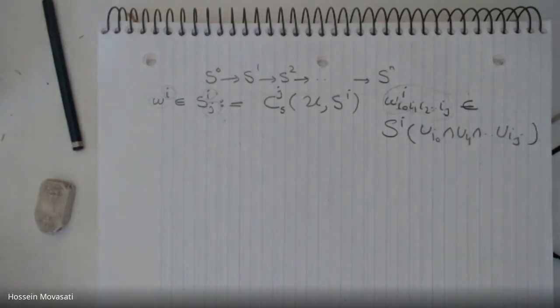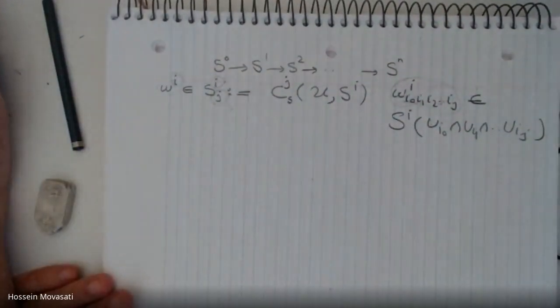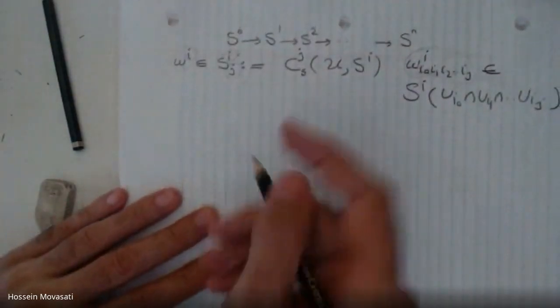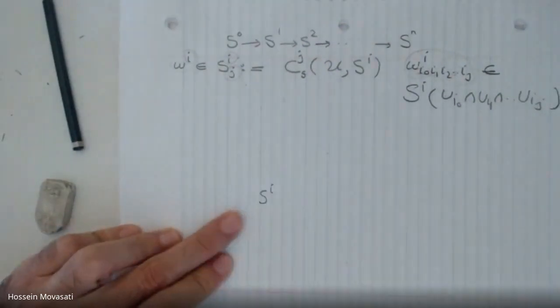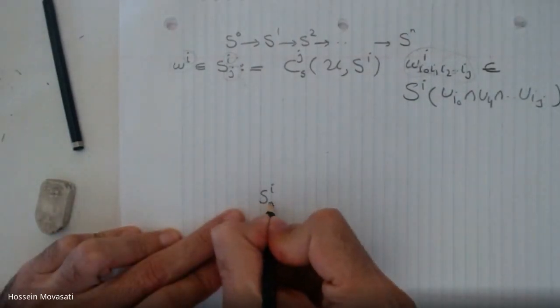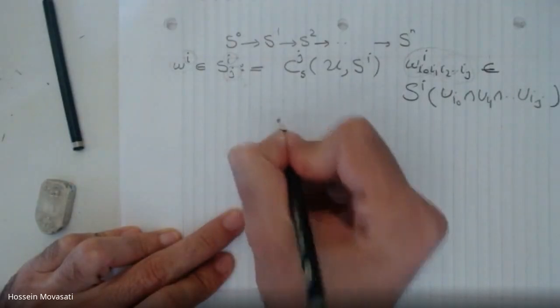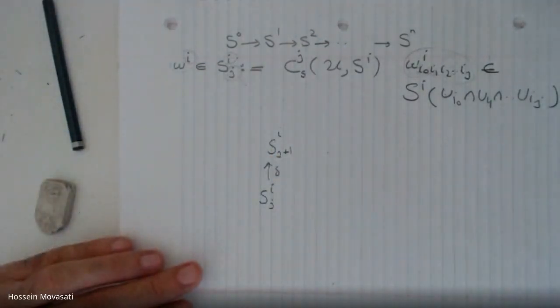So this we had defined, and remember how we defined the Čech cohomology. We define it in this way: this i is fixed, I am not mentioning g+1.